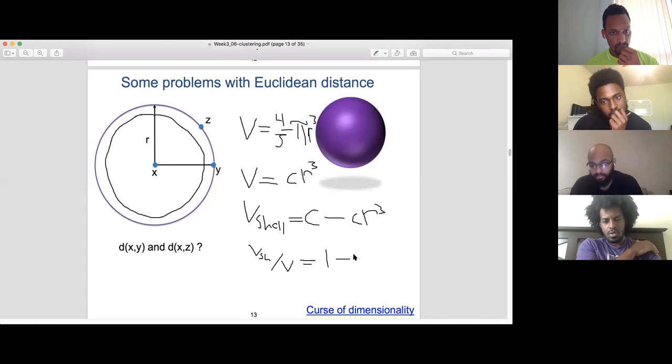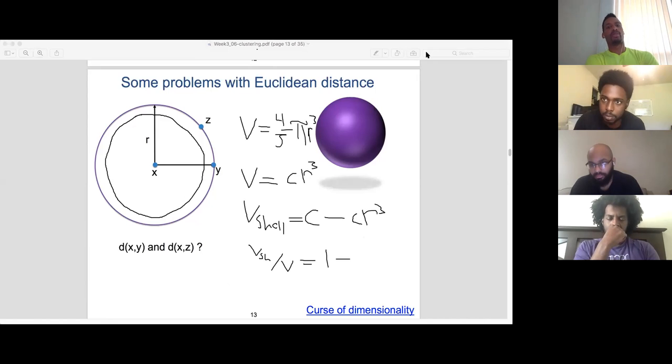Shouldn't it just be r cubed? C over. Yeah, it's just gonna be. Okay, let me just verify this. Y'all can look it up if you want. One sec.